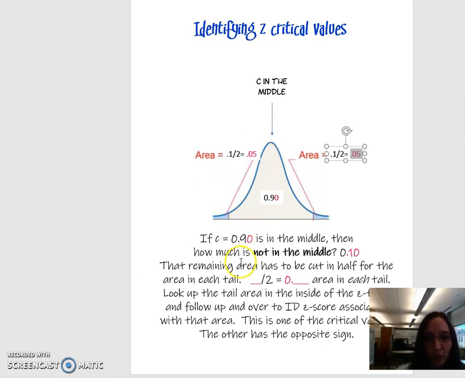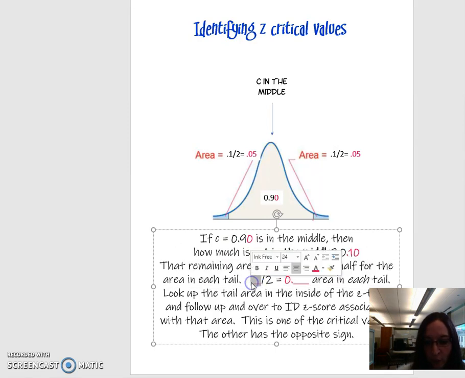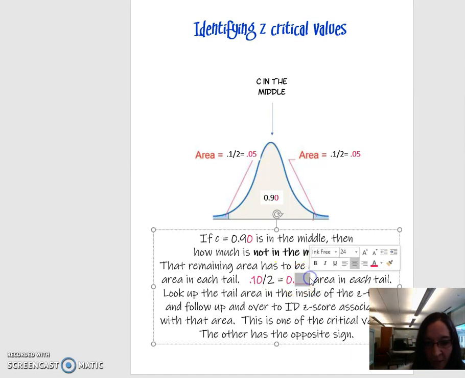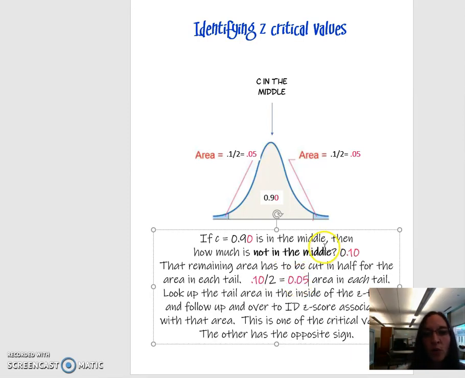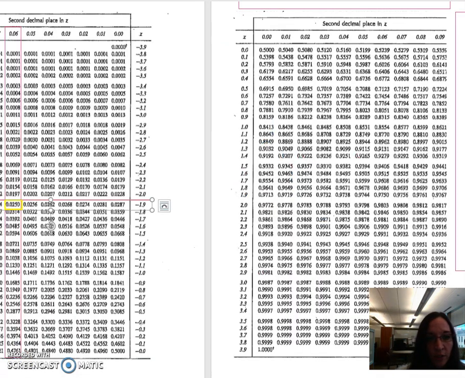Okay, so if we know that 5% is the area in each tail from taking 0.10 and cutting it in half, then we know that we are looking up 0.05 in our z-table, or the closest thing to it.